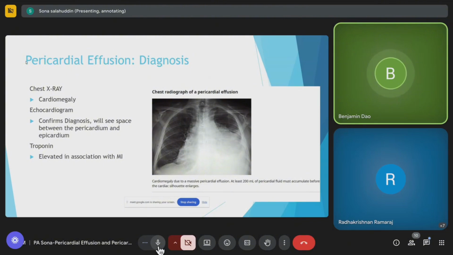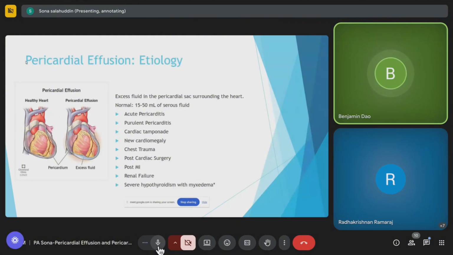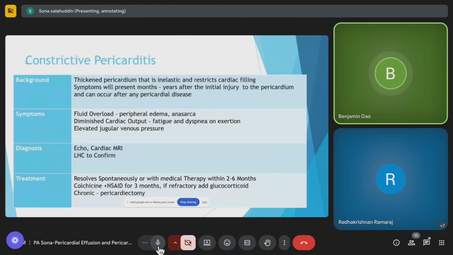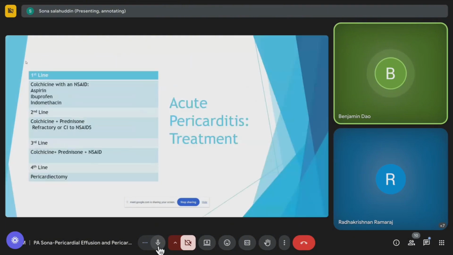The other thing I wanted to mention was occluders, like Watchman and Lariat, those kinds of things, have instances of pericardial effusion. AF ablations can cause it, and most heart procedures it can happen in. And going to pericarditis, one thing to keep in mind as interventional cardiologists is post-MI pericarditis, or Dressler syndrome.